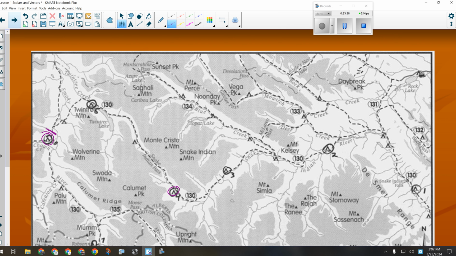What is it giving me? Distance. What is it assuming I'm going to do? Follow the trail. Yeah. Okay. It's going to mean, okay, it's 39 kilometers if you do this.